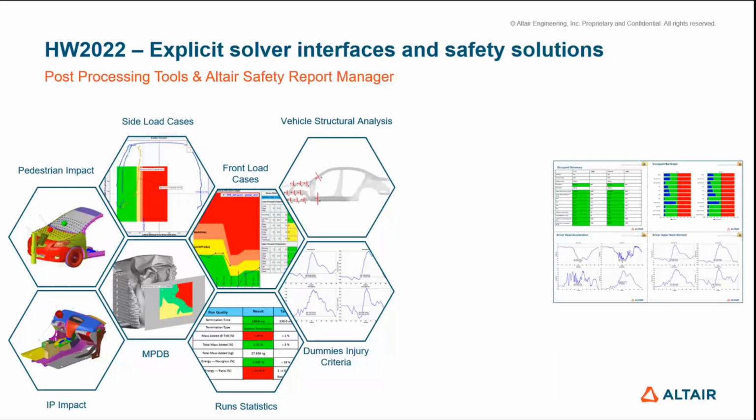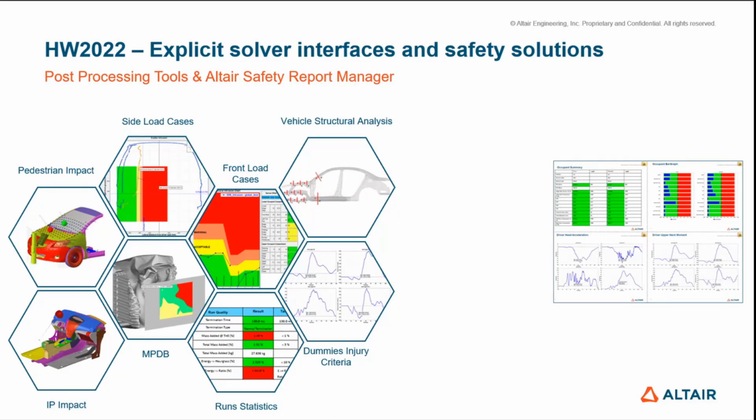And finally, on the post-processing aspect, here as well, we have a couple of tools which are very interesting today. As I said, for the pedestrian impact, we have the complete solution implemented in HyperWorks. So for the pre-processing, but also for the post-processing, which is covering the complete and automatic post-processing of all the impact points. For the IP impact tool as well, the MPDB assessment tool is available.